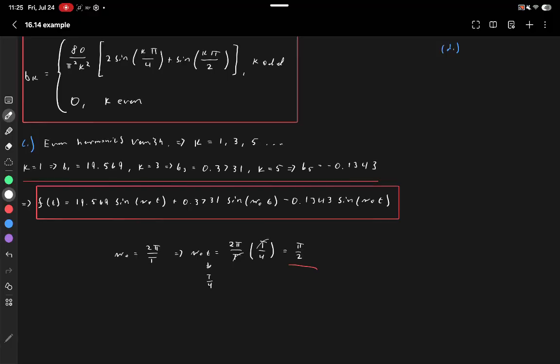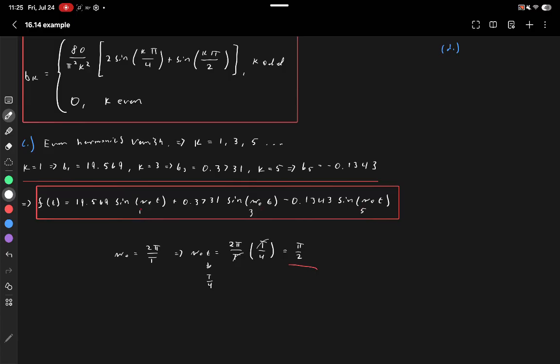Small mistake here. Since we have our k's, this is going to be k1. We would need to throw a k in here so that we can account for that k, and a k in here so that we can account for that. But we know what those are going to be. K here is just going to be 1, so we don't really show it. K here will be 3, and K here will be 5.